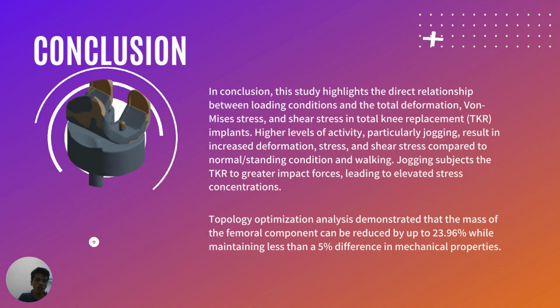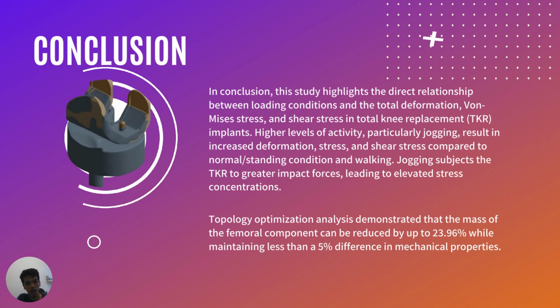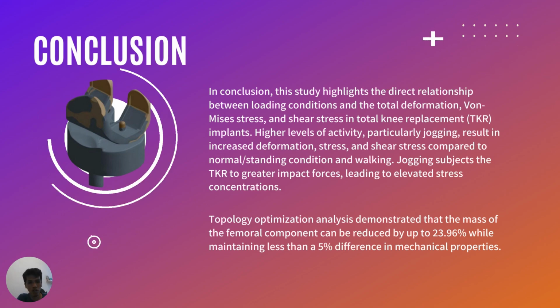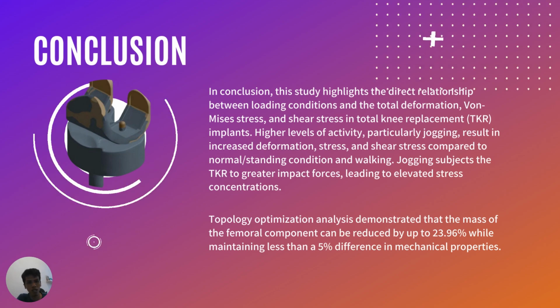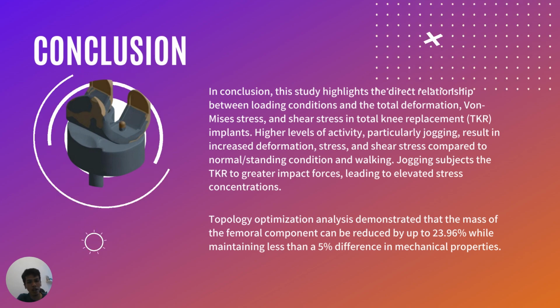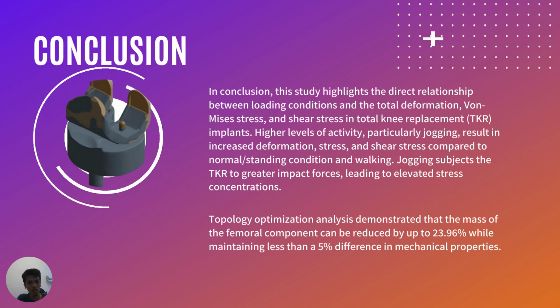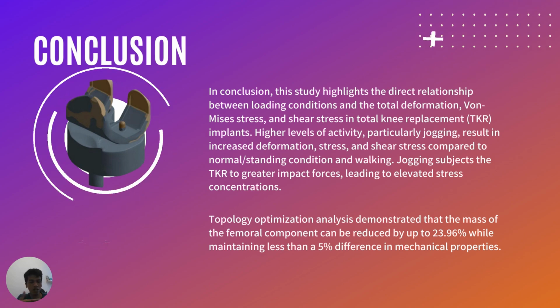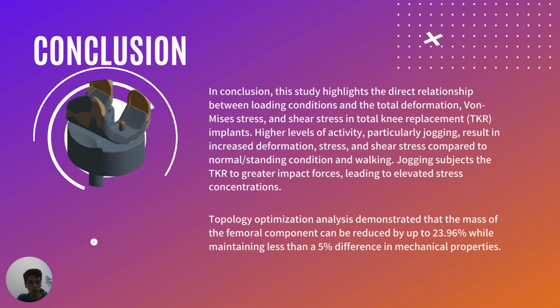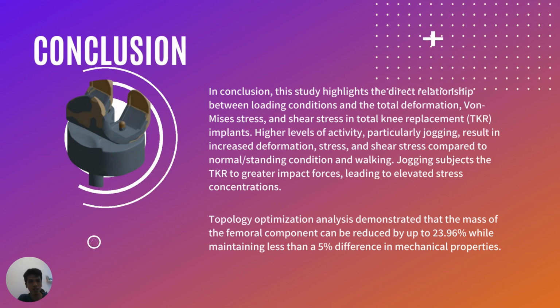So in conclusion, the study highlights the direct relationship between the loading condition and the total deformation, von Mises stress, and also the shear stress. A higher level of activity will increase deformation, stress and shear stress, based on the engineering logic. But we have to be alert also on the maximum shear stress.